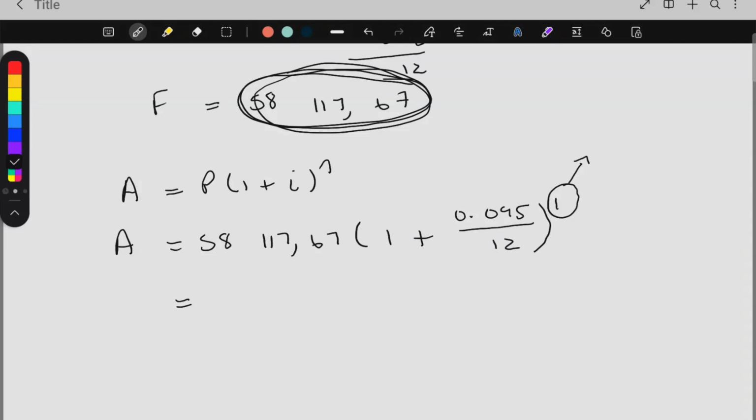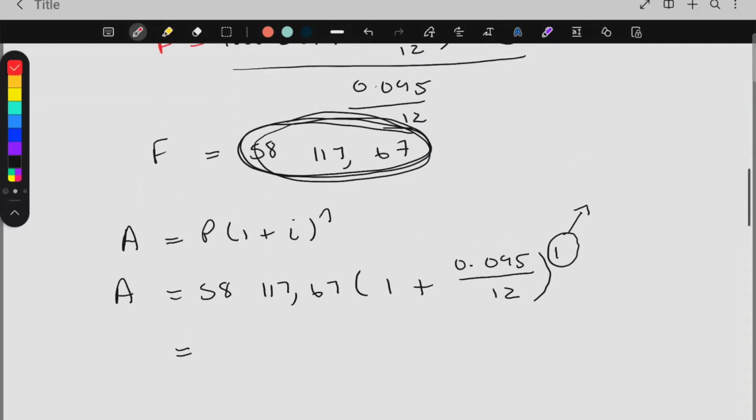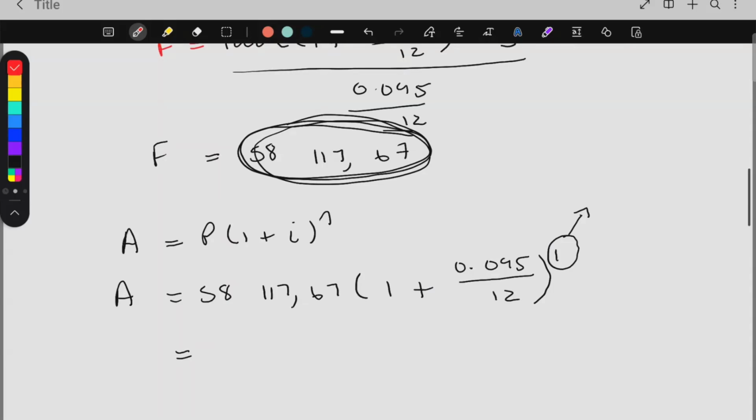Let's just make a note on that 1 over there. That number is normally the number of years times the compounding period. 1 month, because the money will only grow for 1 month. 1 month is 1 over 12 years. So I'm going to say 1 month, that's the number of years, times the compounding period, which is 12.